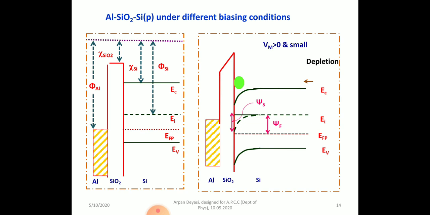Look here, because to make them equal, the intrinsic Fermi level has to touch the extrinsic Fermi level. But since the intrinsic Fermi level can't touch the extrinsic Fermi level, naturally surface potential is smaller compared to the Fermi potential for both accumulation and depletion condition. That is given as psi f and psi s, in the pink color and shown with the arrow.